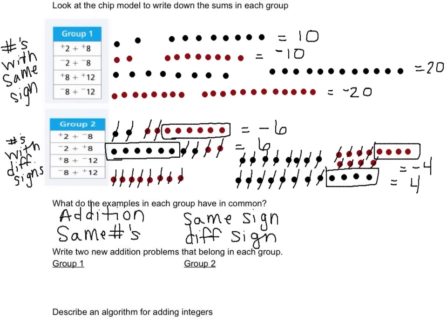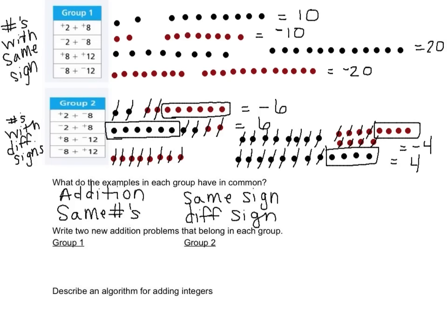Hopefully, you can see that in group 1, because I end up with the same color chip, I simply add like normal. If it's all black chips or all positive, my answer is positive. And if it's all red chips, because both of the numbers are negative, then my answer is negative.